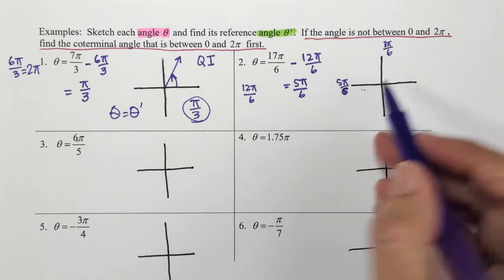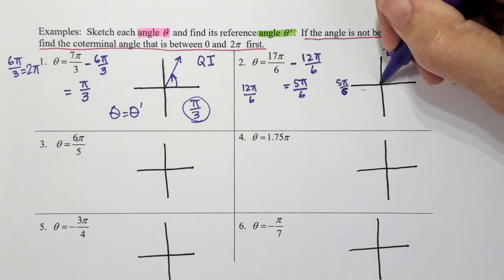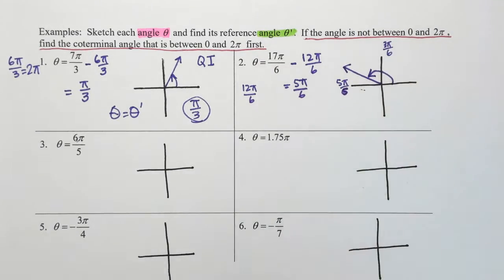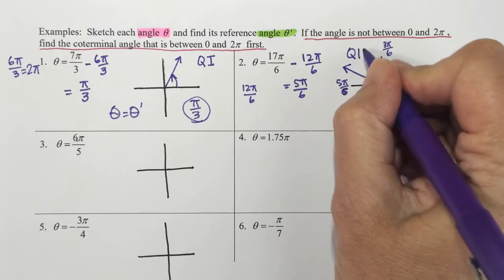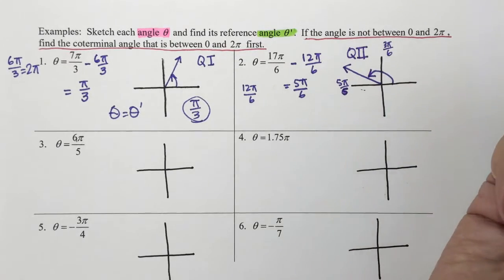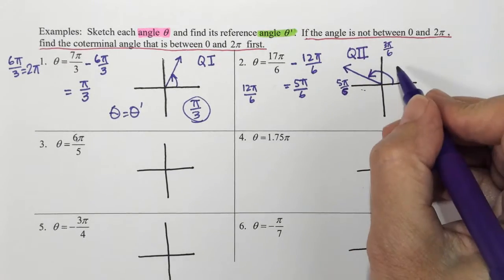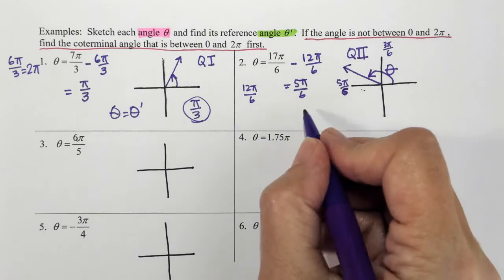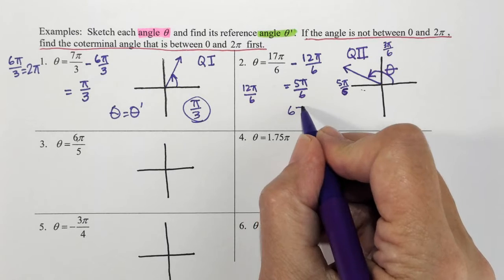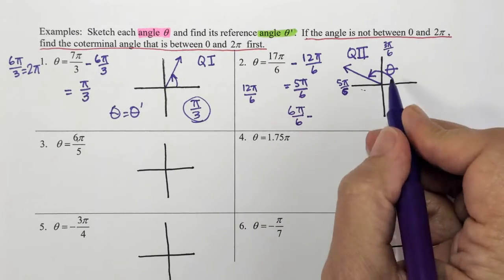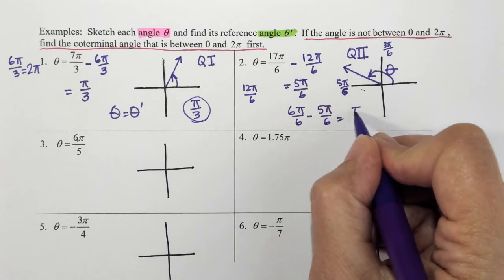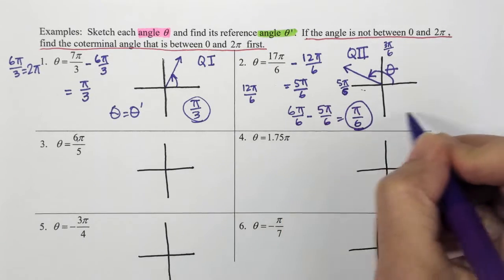So our 5 pi over 6 is going to fall about here. So this is quadrant 2. So if our angle theta falls in quadrant 2, what we have to do is take our pi, which in this case is 6 pi over 6, and subtract our theta, 5 pi over 6, and we get pi over 6 for our theta prime.